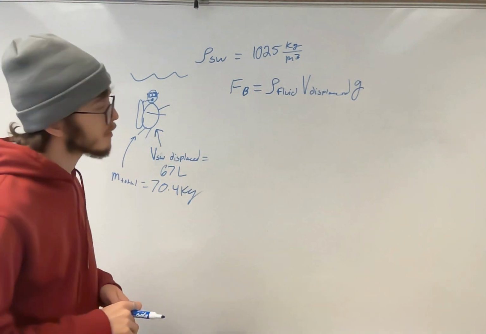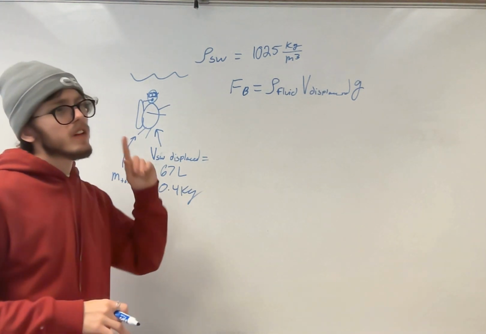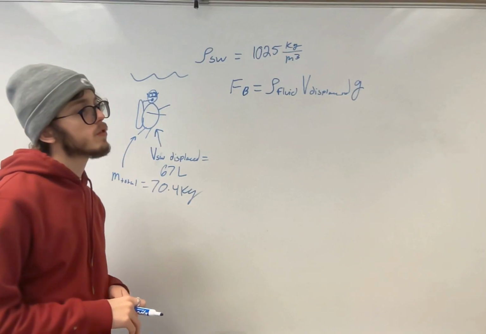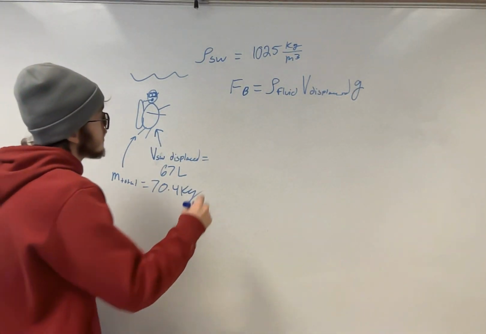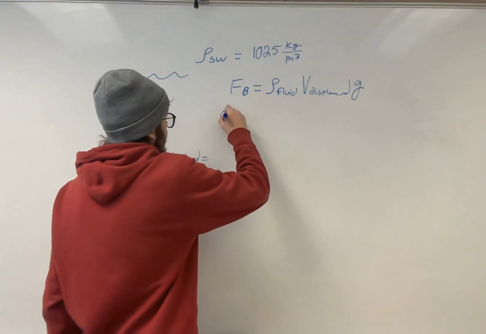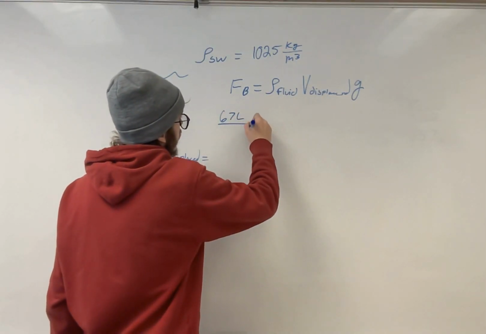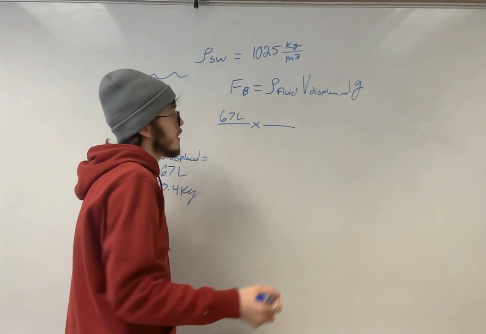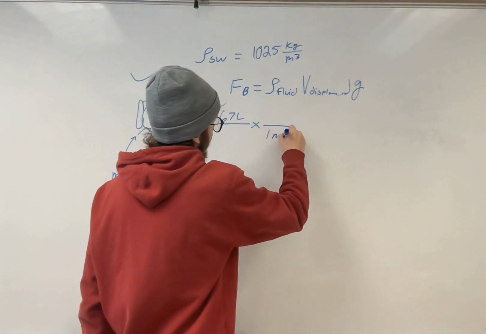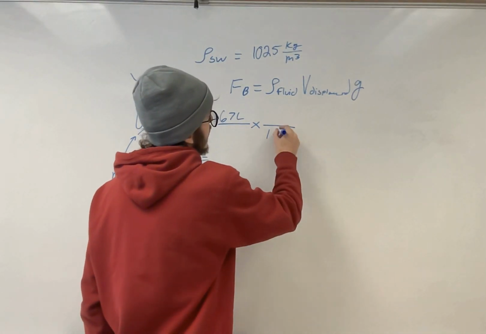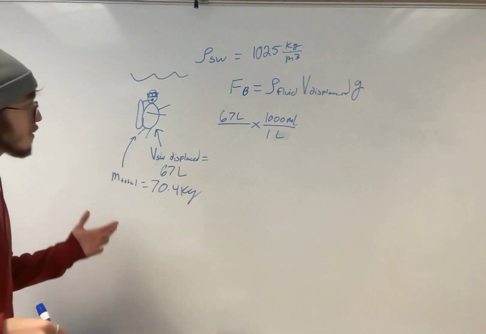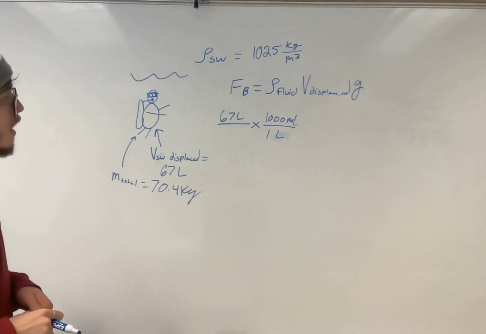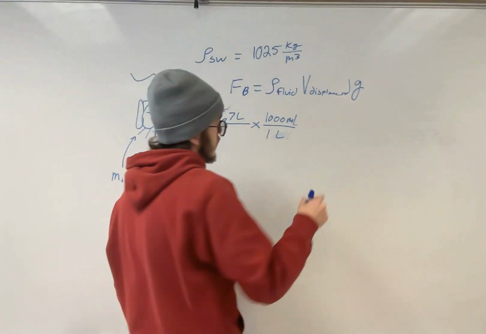And it's the idea that 1 centimeter cubed is equal to 1 milliliter. So let's just do a simple conversion here. 67 liters is how many milliliters? Well, we take 1 liter, and we multiply it by 1,000 milliliters. So we have 67 liters times 1,000 milliliters.